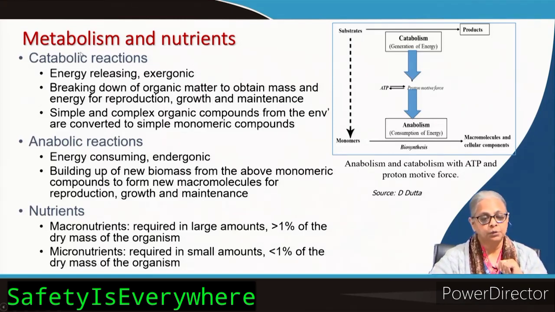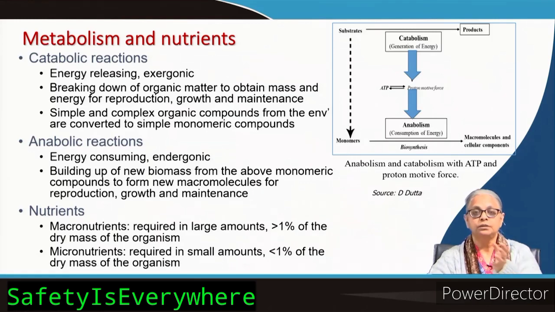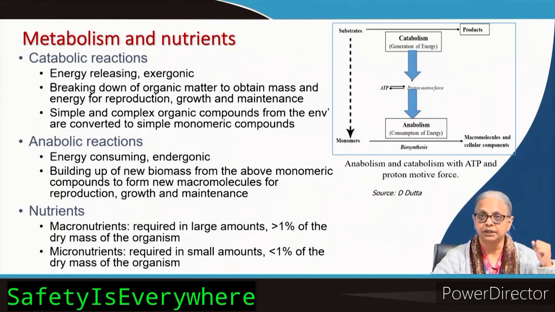So catabolic reactions by definition are energy releasing and energy generating, and that is the source of ATP. So here is ATP generation. This ATP is then utilized in anabolic reactions to go from monomeric units to polymeric units.